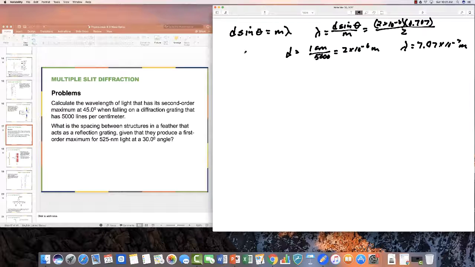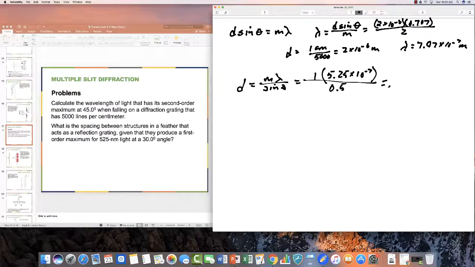Use the same equation, but now we're going to solve this problem for d. d is equal to m lambda over sine theta. m is 1, first order grating. 525 nanometers is 525 times 10 to the minus 9, or 5.25 times 10 to the minus 7 meters, divided by the sine of 30 degrees. The sine of 30 degrees is actually 0.5.